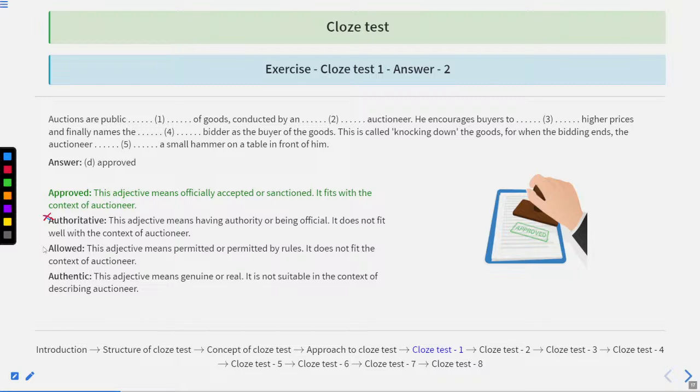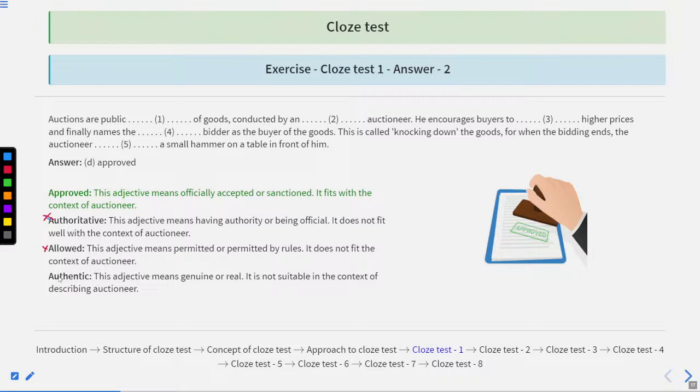It again does not fit into the context of an auctioneer. He is allowed to actually conduct the auction, but out of these four options approved is a better one, because allowed means that he is just allowed to take an auction, but it can be anybody who can be allowed to take an auction. But because we are saying it is conducted by a dash auctioneer, we want to say he is an approved auctioneer.